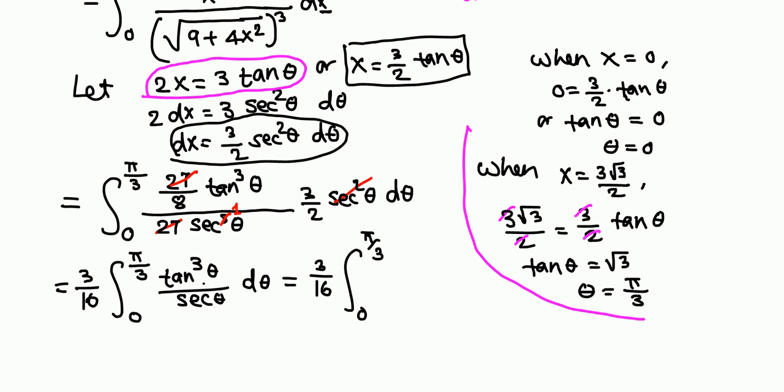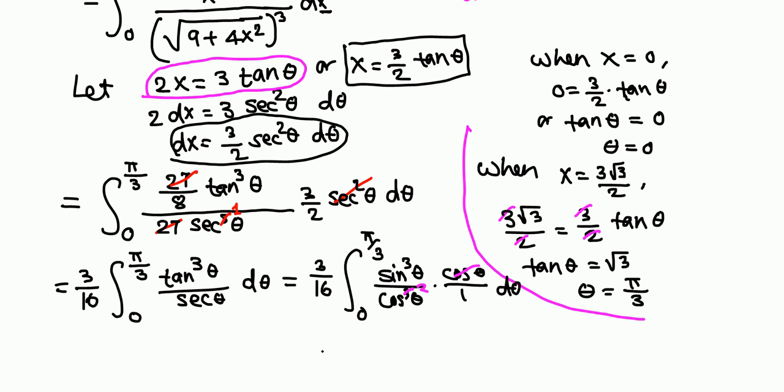Tangent is the ratio of sine and cosine, so sine cubed over cosine cubed. On the bottom, secant is 1 over cosine. When I change this division into multiplication, 1 over cosine becomes cosine over 1, and d theta. Now we have cancellation, so 2 cosines are left.